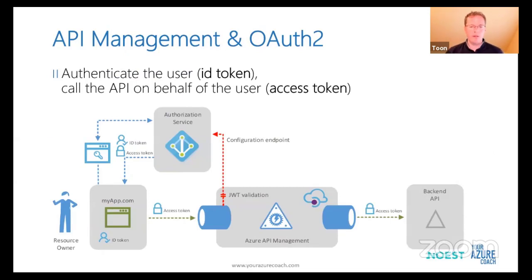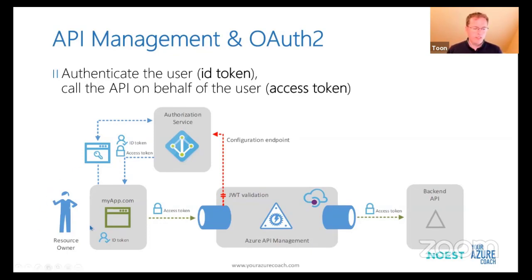So if we look at API Management and OAuth 2, how does it work? It's important to understand that API Management is not an IDP. It's not an identity provider, but it can integrate with any identity provider that supports OAuth 2 and OpenID Connect. In this case, it is Azure AD, but I also did integrations with Auth0, with custom implementations, and with Okta.